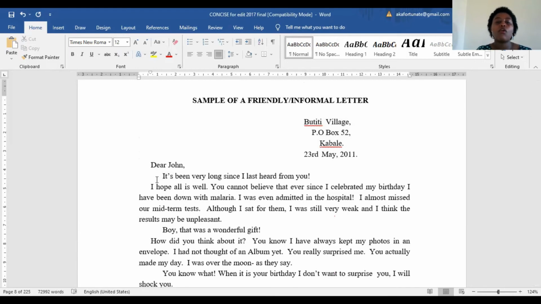But don't overcrowd your letter with contractions as if you are intending it. But when one or two drop in, that would be acceptable because you're just talking to a friend. I hope all is well. You cannot believe that ever since I celebrated my birthday, I've been down with malaria. This is friendly talk. This is what you would talk to a friend if you met them.